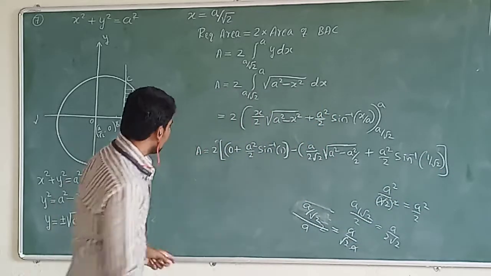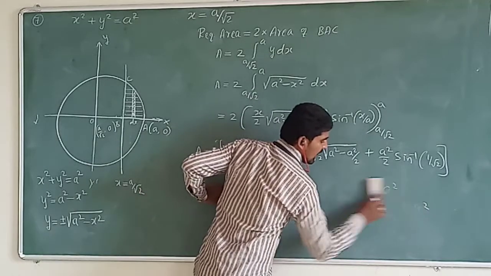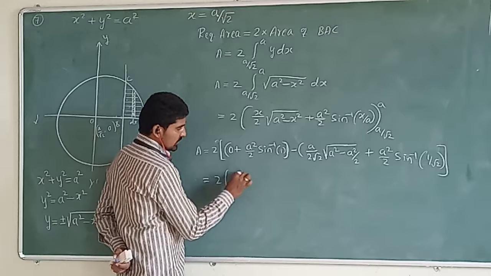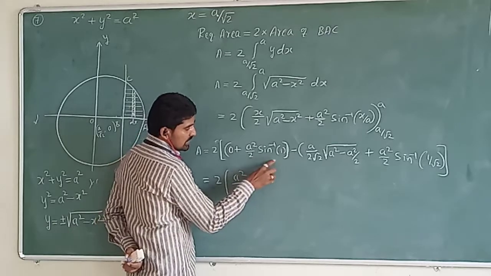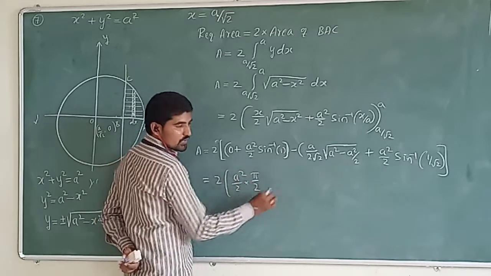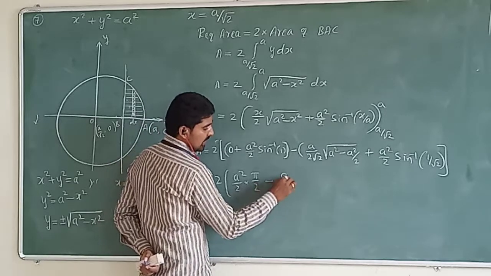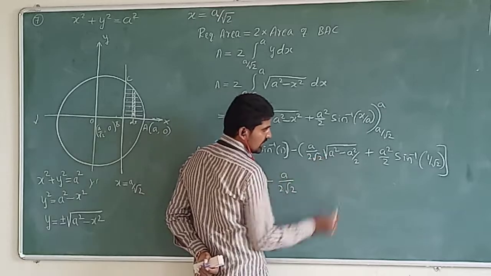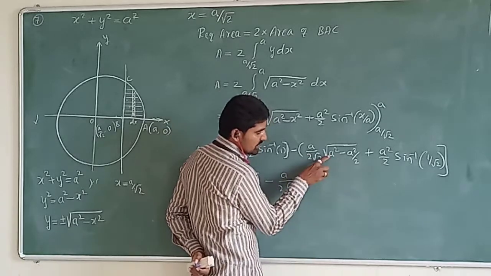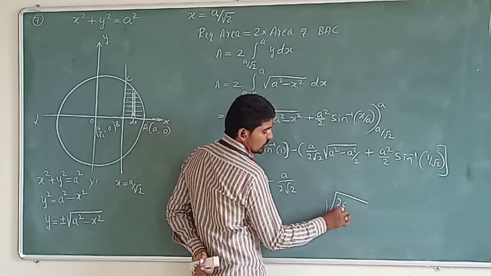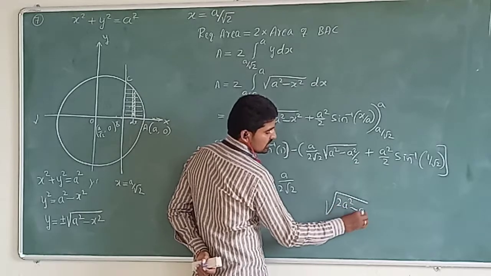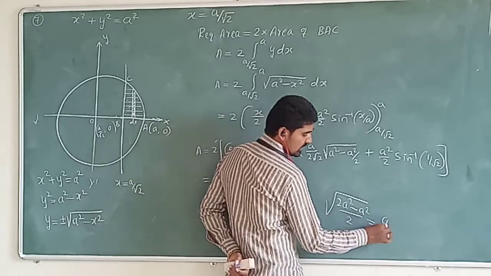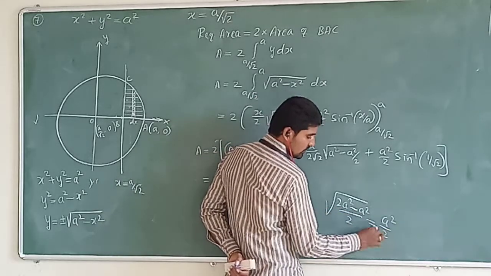Now see here, the required area A is equal to 2 into a square by 2 into sin inverse 1, which is pi by 2, minus a divided by 2 root 2 into square root of a square minus a square by 2. LCM is 2. So 2 into a square minus a square divided by 2, which is equal to 2a square minus a square, which is a square divided by 2 under the square root.